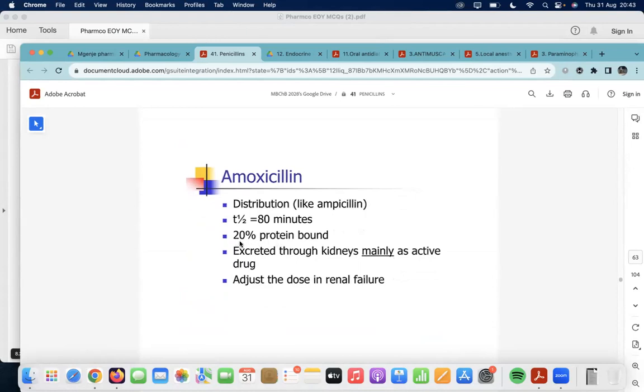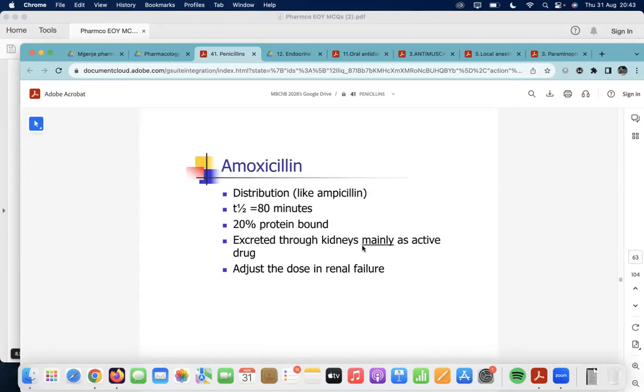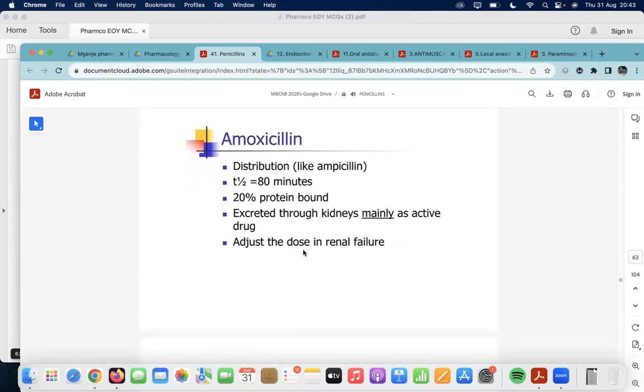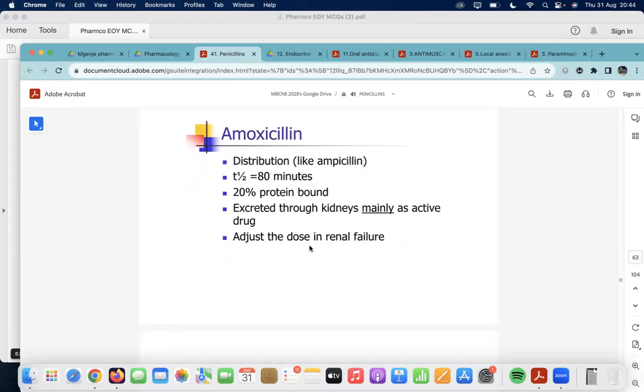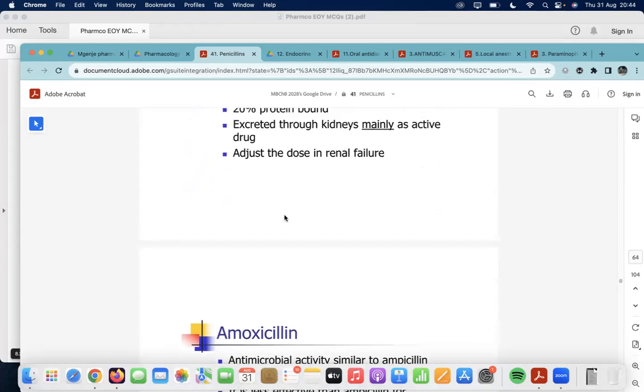This means that 80% is not protein bound. So 80% is just traveling freely in the blood, therefore diffusing easily into the tissues. So there's no need of a largely high dose because little of the drug is protein bound. It's excreted through the kidneys mainly as active drug, and you adjust the dose in renal failure. Of course, if there's renal failure, you have to adjust the dose because the kidneys are the ones that excrete the drug.